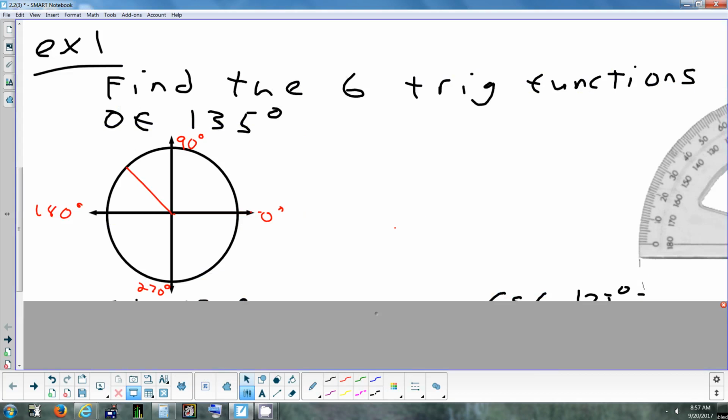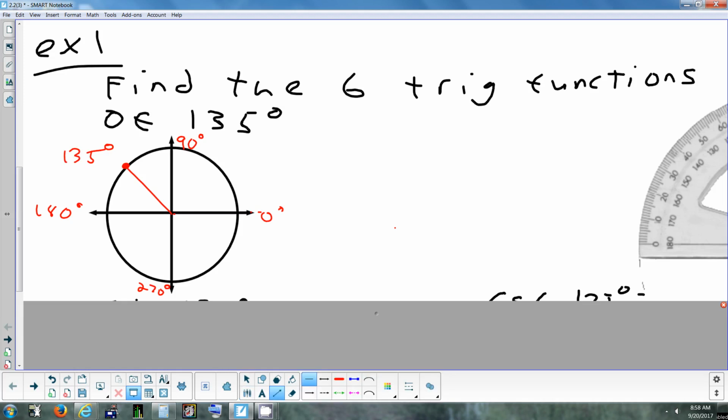That's where the terminal side would hit the edge of the circle, exactly halfway between 90 and 180. Now I have that side. What shape did we draw yesterday when we were doing this? A triangle. So we're going to do the same thing again.